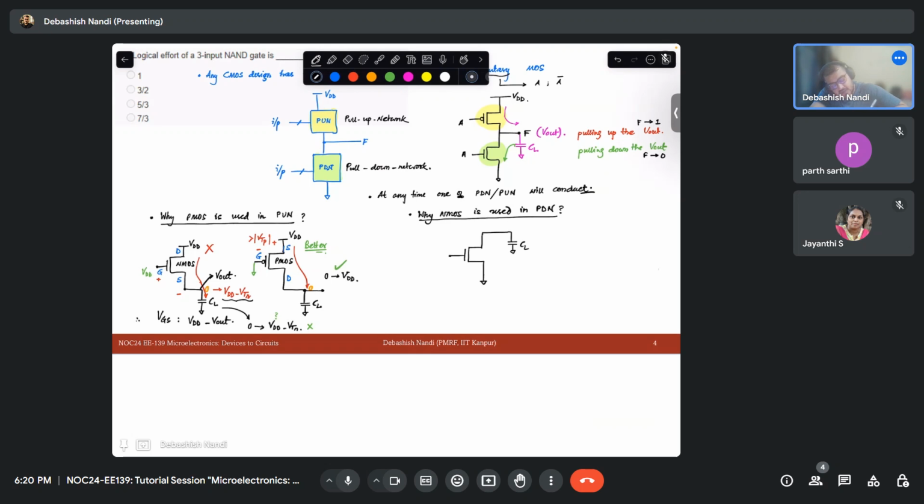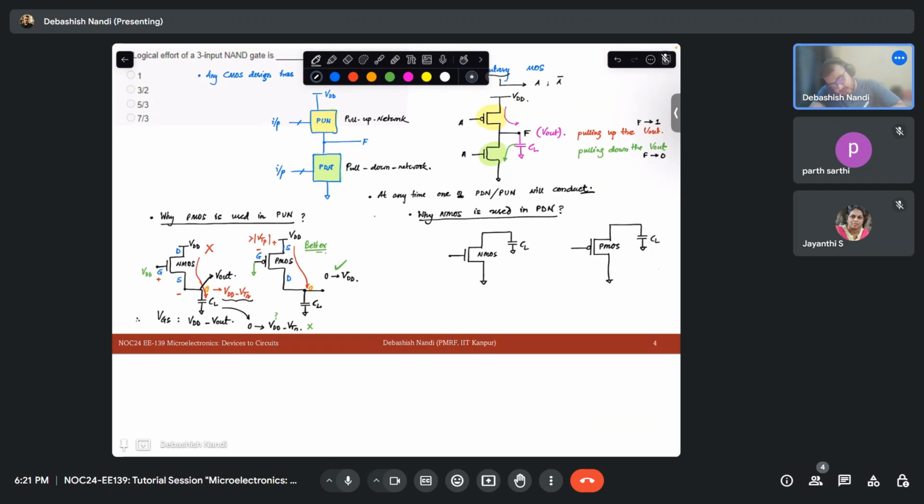And this is your, let's say, NMOS. Similarly, we'll show a parallel case with PMOS. This is CL, this is your PMOS. So again, my pull down network is in place.